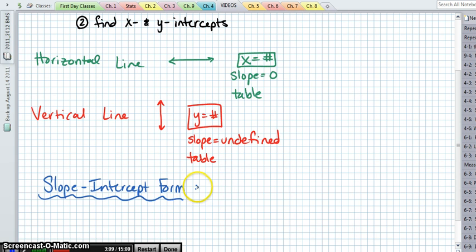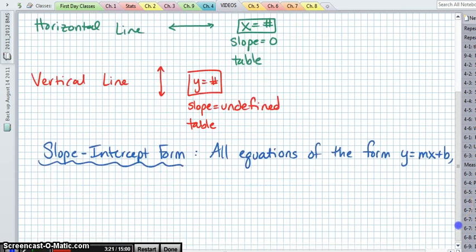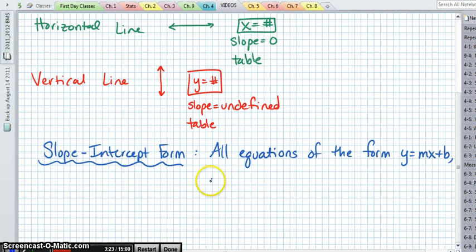So let's go ahead and get that down. All equations of the form y equals mx plus b, where m is the slope and b represents the y-intercept.